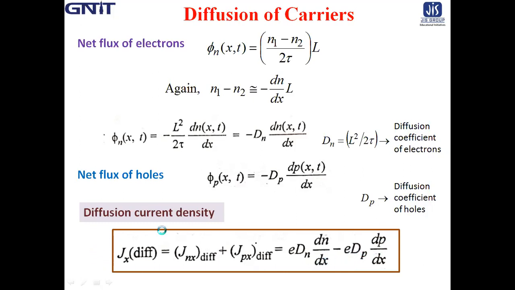So this is a very important expression for diffusion current density. That is, Jx diff is equal to e Dn dn/dx minus e Dp dp/dx.